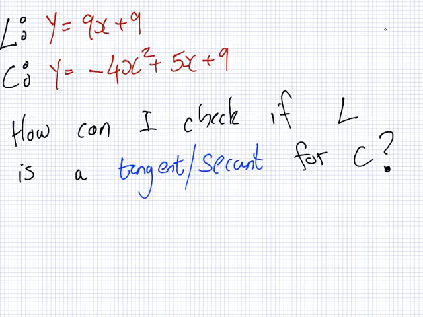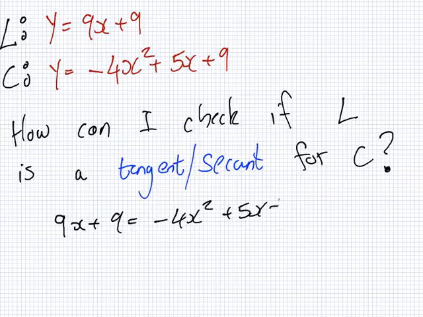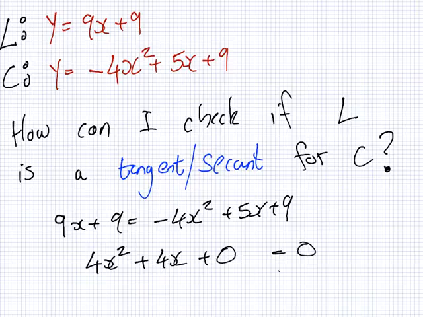We don't actually care what the answers are. We just care to know how many answers. So when you try to solve, you've probably all got this equation, which becomes this equation. Take everything to the left. I don't care about the answers. I just care about how many answers.